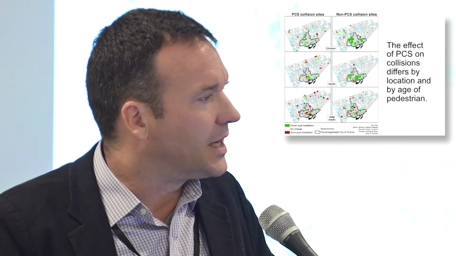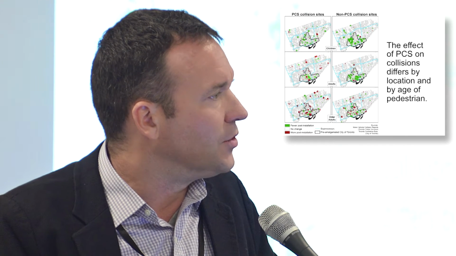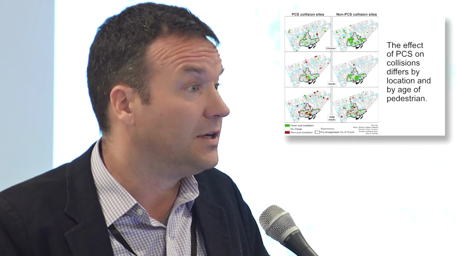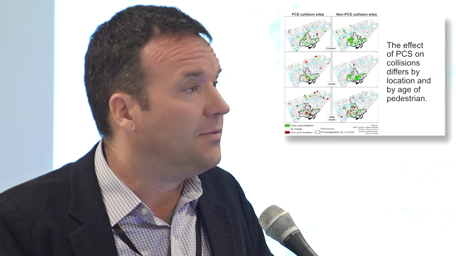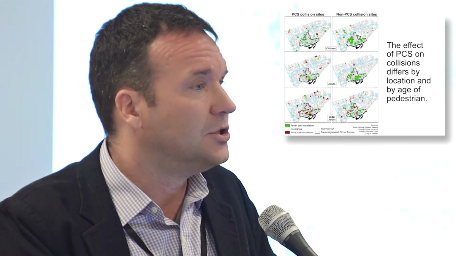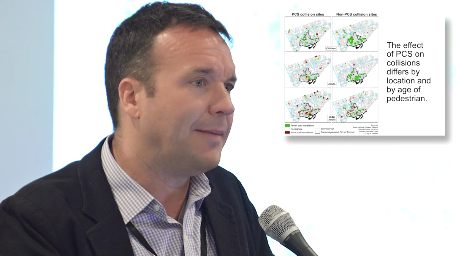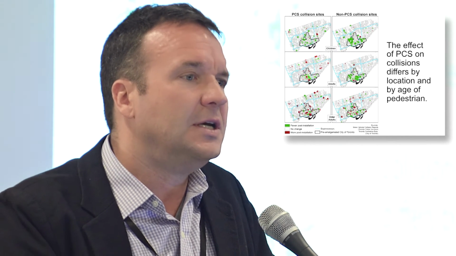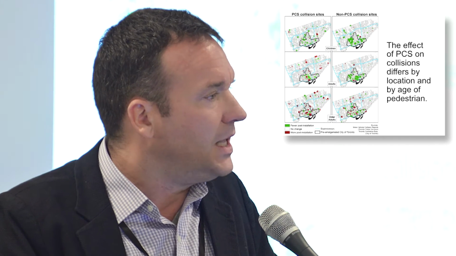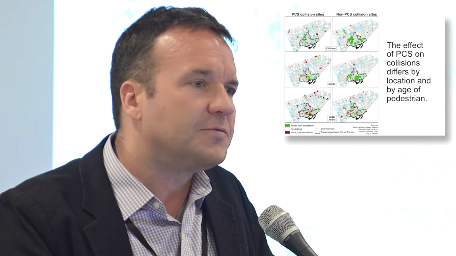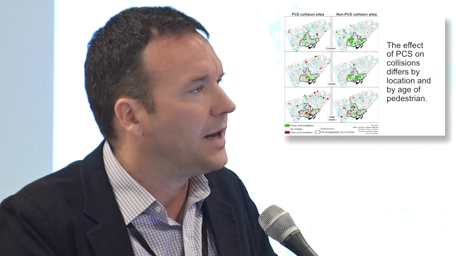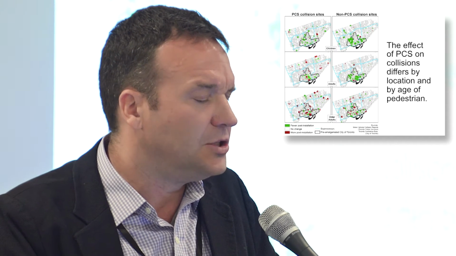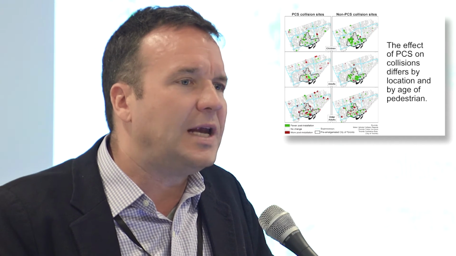And really the signal that comes out of this is that if you're looking for places that had a significant increase, that related to adult collisions and older adult collisions, and it happened downtown. If you're looking for places that had significant decreases, there weren't as many. And if you're looking at results for children, the city got a little bit better, but everything is pretty spatially scattered.